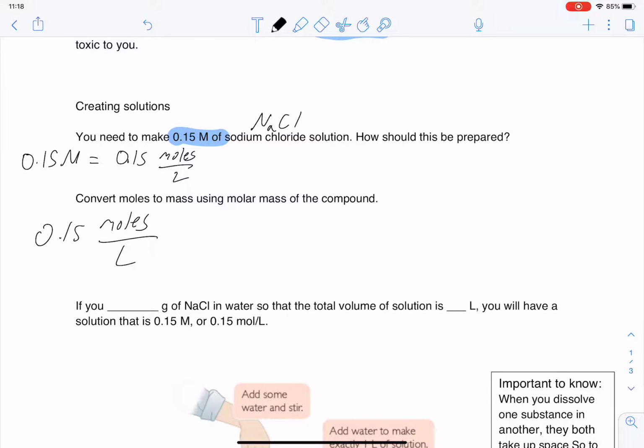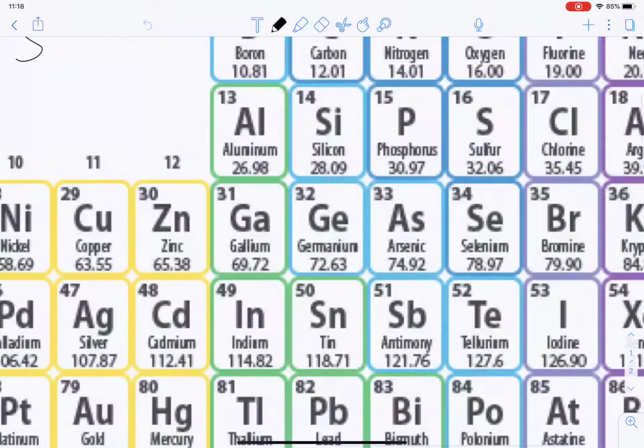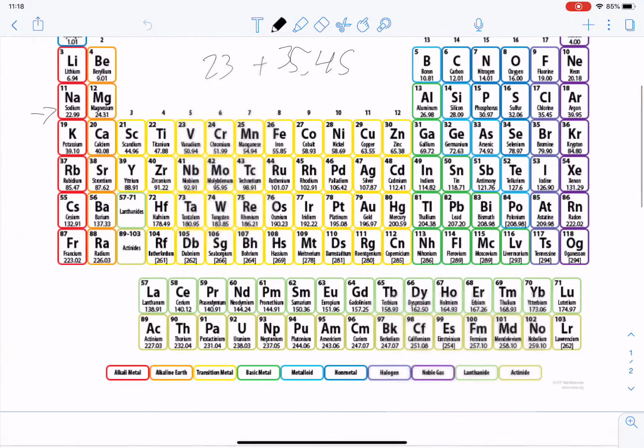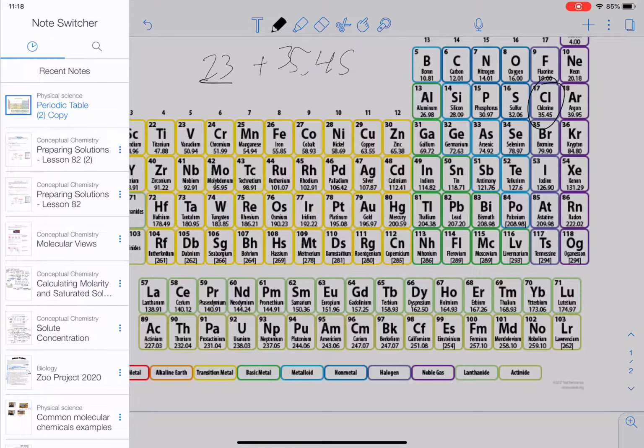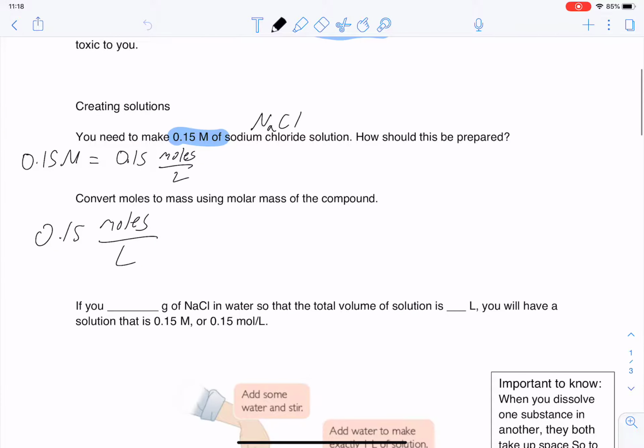So we're going to go to the periodic table and look for sodium, which is right there, and chlorine, which is right here. Sodium's 23, that's 23 grams per 1 mole, and chlorine is 35.45.